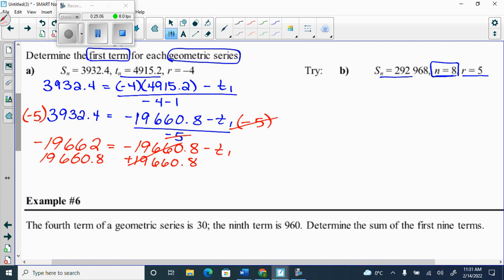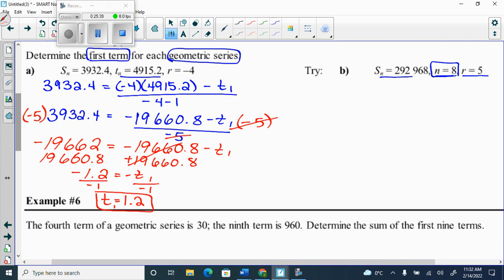And then I get negative 1.2 equals negative T1. But I don't need negative T1, I need positive T1. So what am I going to do? Divide by negative 1. So T1 equals 1.2.